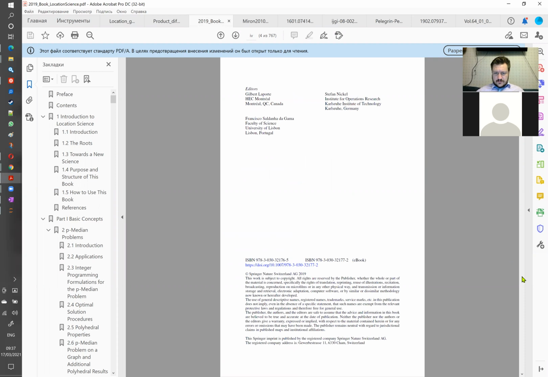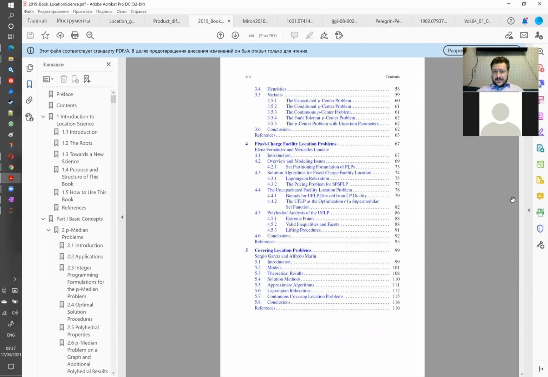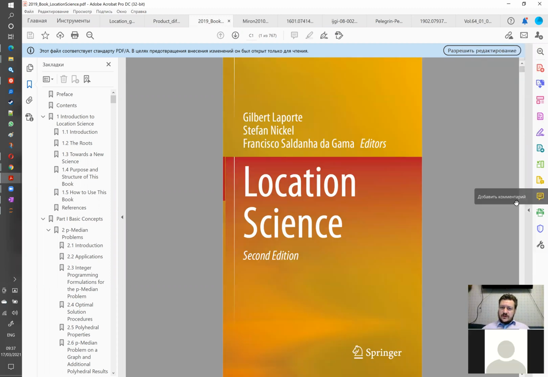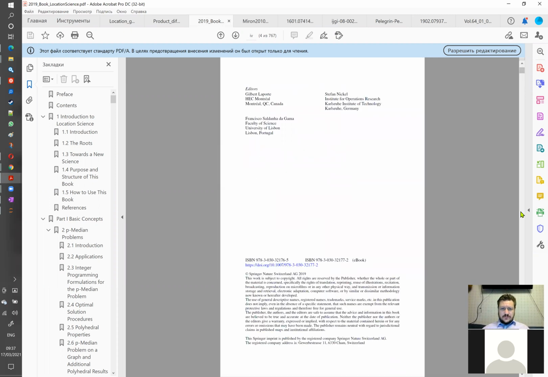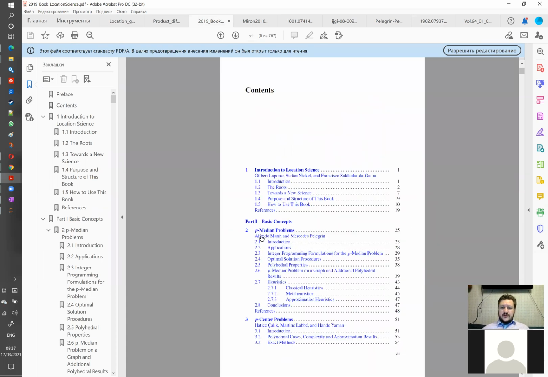There are some descriptions of such games. It's the second edition. Oh yeah, it's 2019, so only 2 years ago. There are problems. I would like to recall what p-median is.